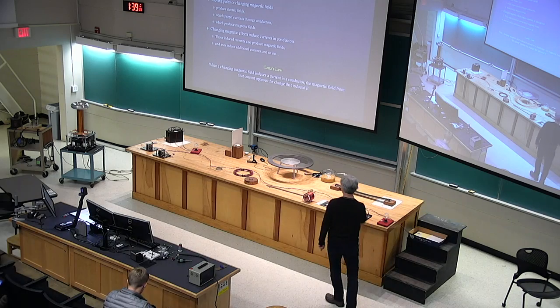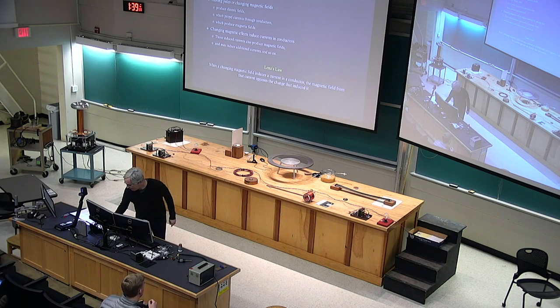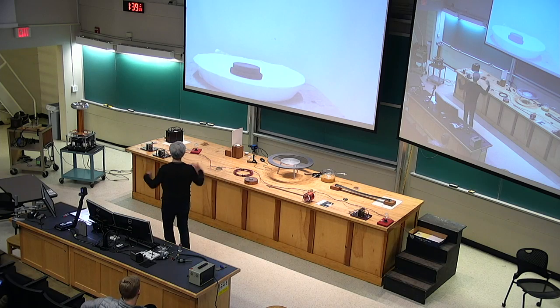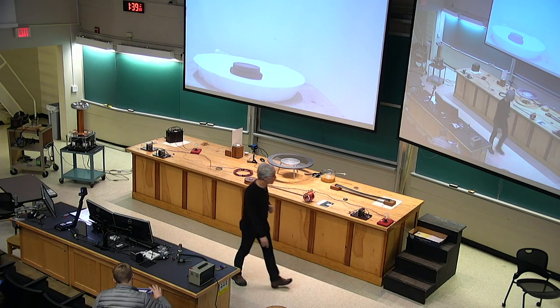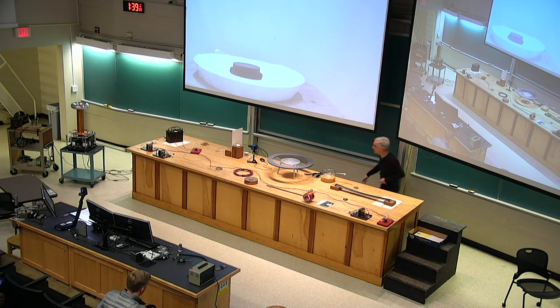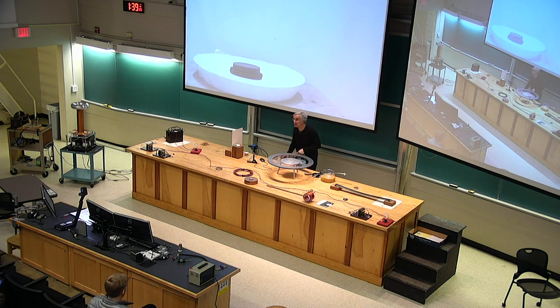So I'm going to look through this camera here, if I can get it right. HDMI. Okay. You are looking at a black disk. And that black disk is a superconductor, but only if it's cooled to liquid nitrogen temperature.